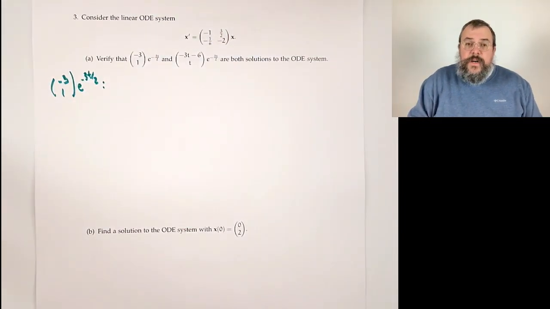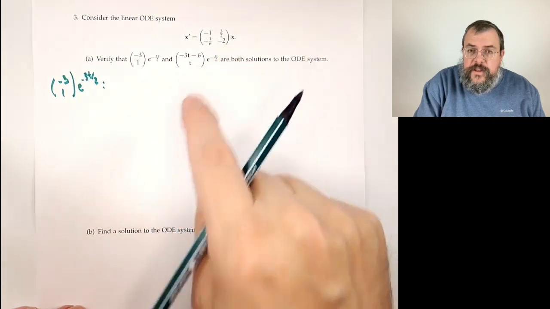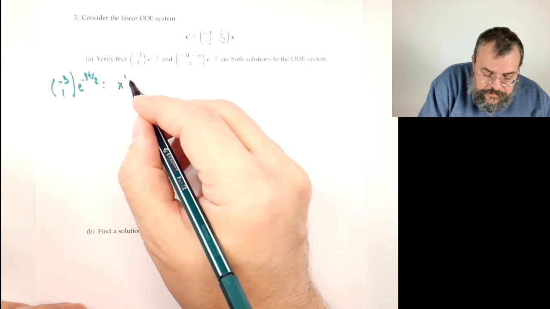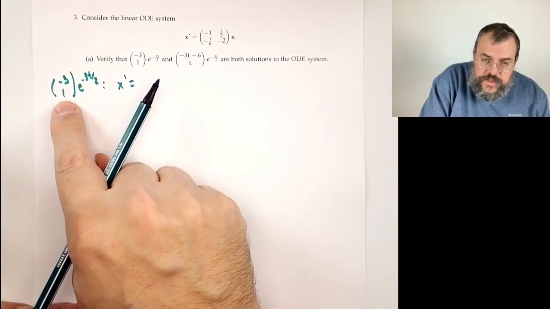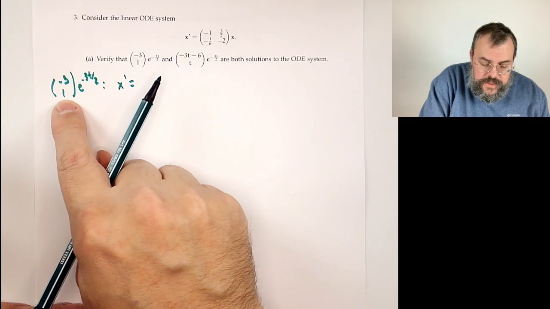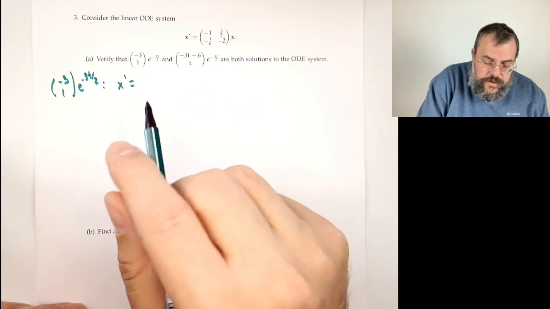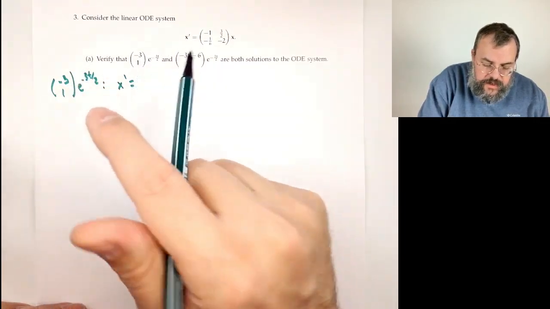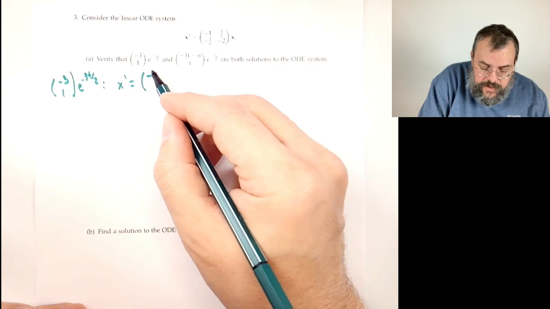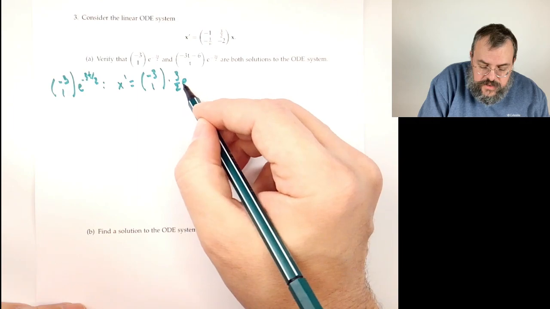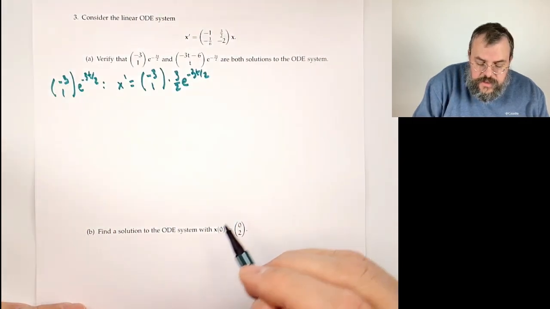Okay, so (-3, 1) e to the -3t/2. What we need to do is plug it into both sides of the equation and see what happens. So we'll look at x prime. Well, there's no t there, so that's pretty straightforward. It's just e to the -3t/2, and the derivative of this, well, -3/2 comes down. So we can say this is the same as (-3, 1) times -3/2 e to the -3t/2.